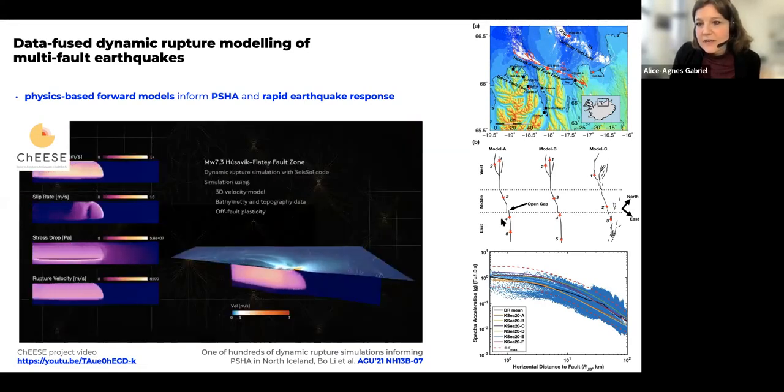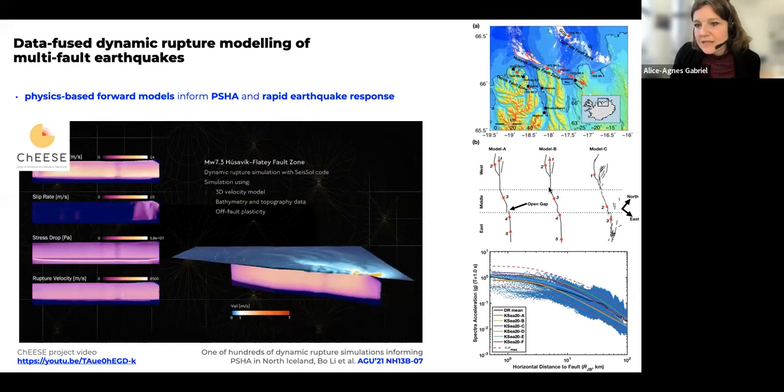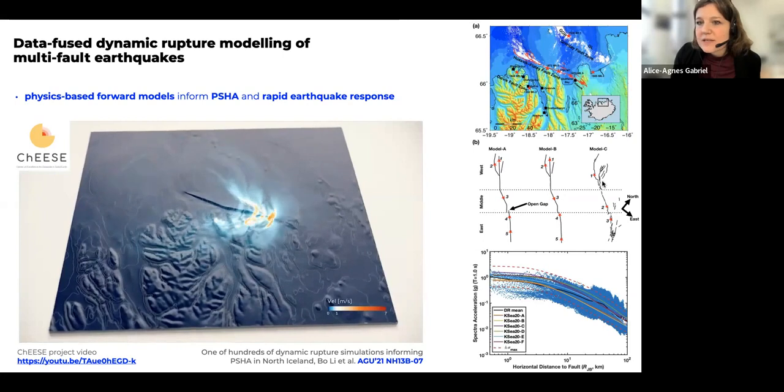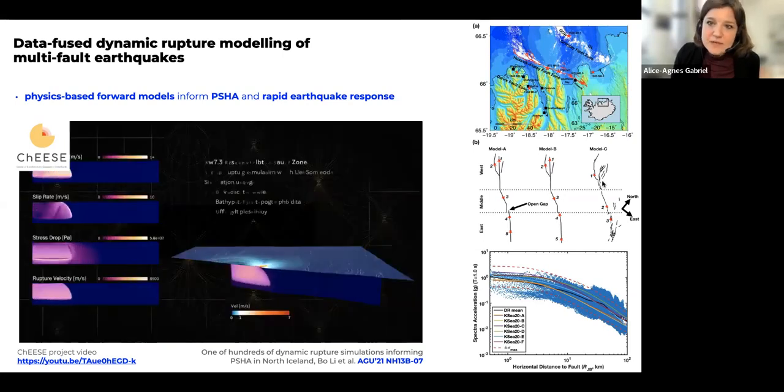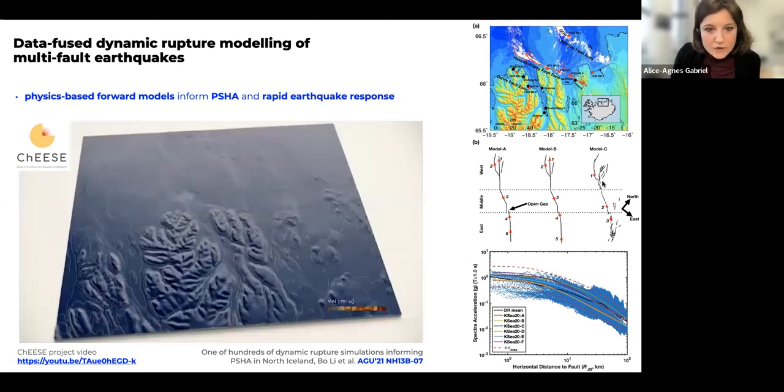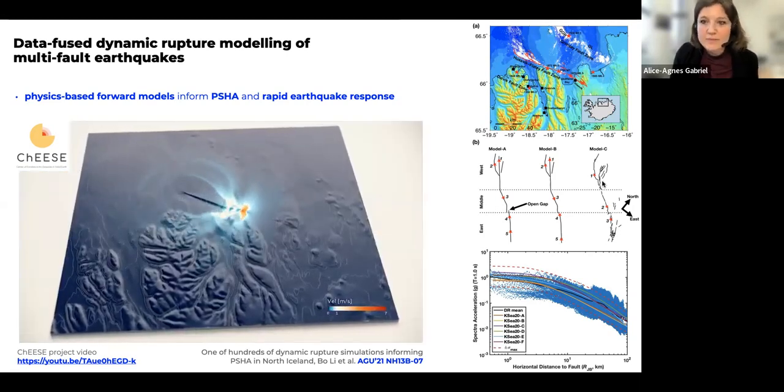We can vary fault system complexity from relatively simple geometries to more complex geometries that really map the surface expression of these faults. We can think about adding more complicated frictional behavior or off-fault plasticity.